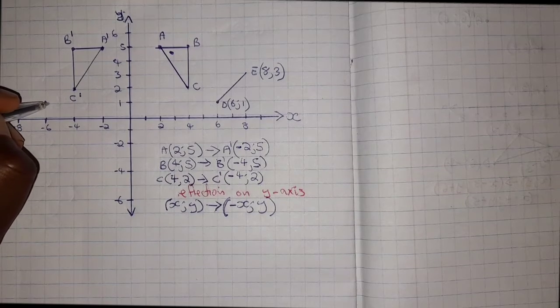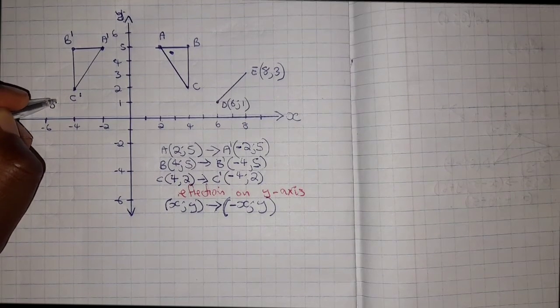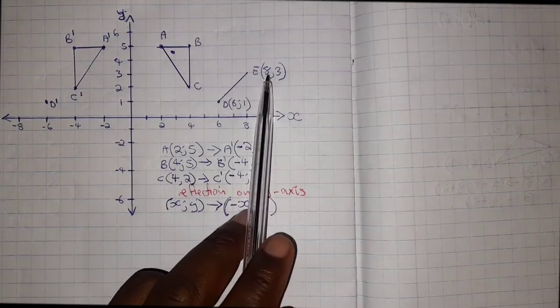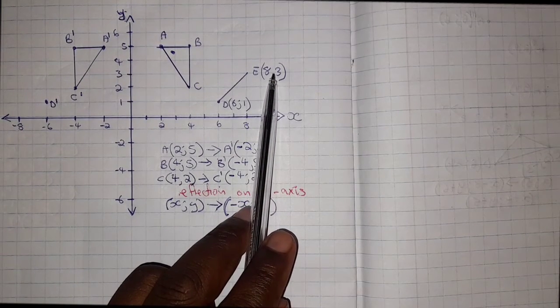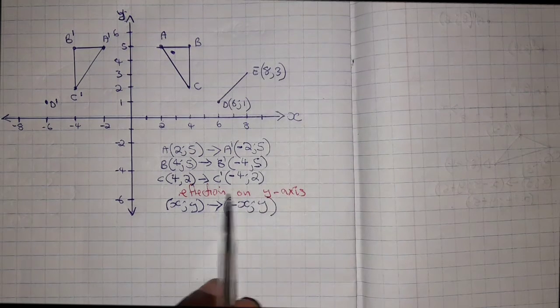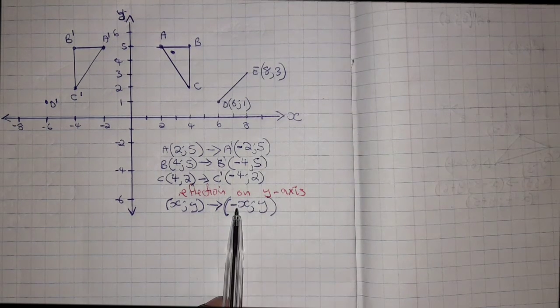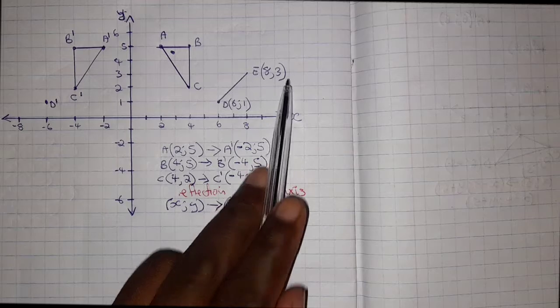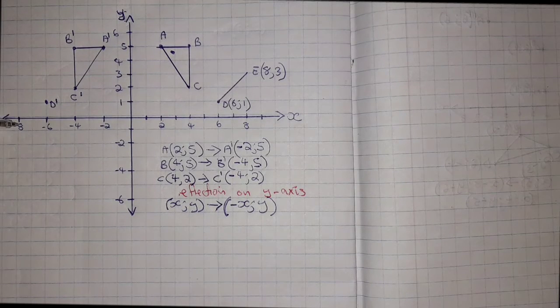So our D is here, (-6, 1). And then (8, 3) becomes (-8, 3). Remember, reflection on the y-axis, it changes sign for the x. Our -8 here and our 3 is here.